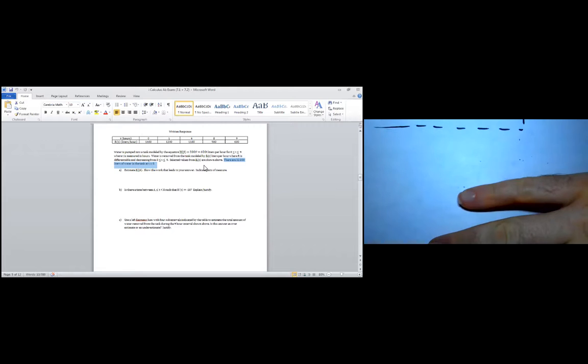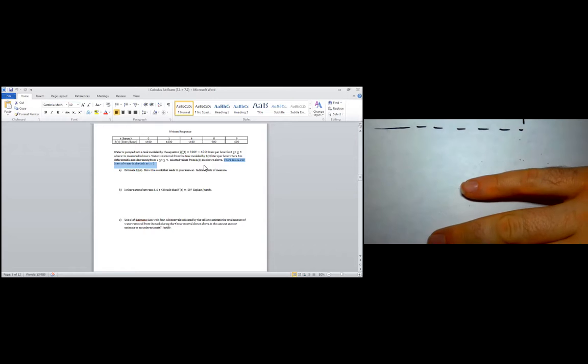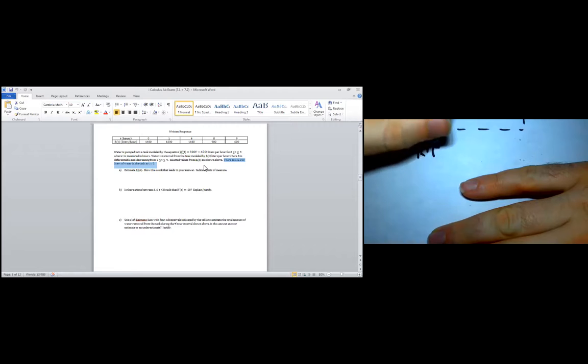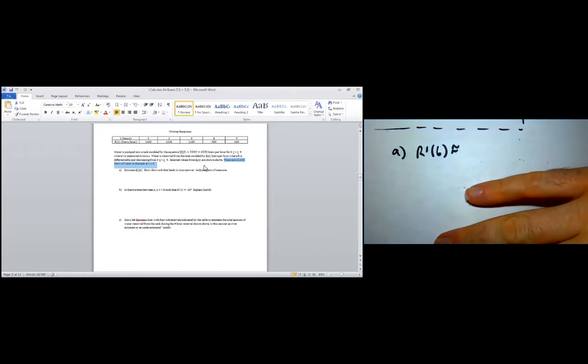Okay, just like every part A question that I've ever shown you guys, this one is no different. When you're doing part A and it's asking you to estimate something with a derivative, it's just asking you to find the slope. So for part A, we are going to say that R prime of 6 is approximately equal to, and then we're going to pick the interval where 6 would land, which is between 4 and 8.